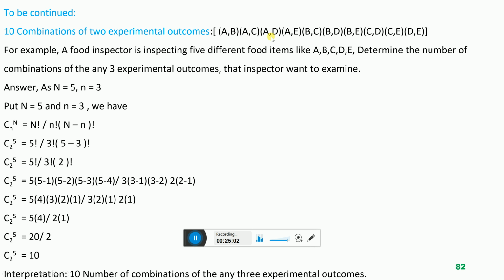The inspector can choose A, D, the first and fourth item as well. He can choose A, E also.